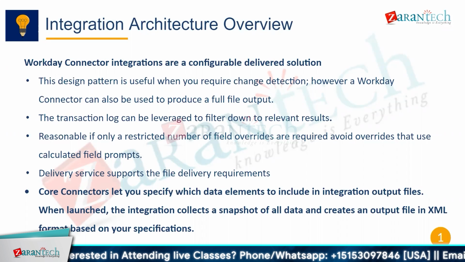Now, you may ask, what is a full file output? A full file output is the population for your entire organization. And the other type of output would be changes, or incremental changes.